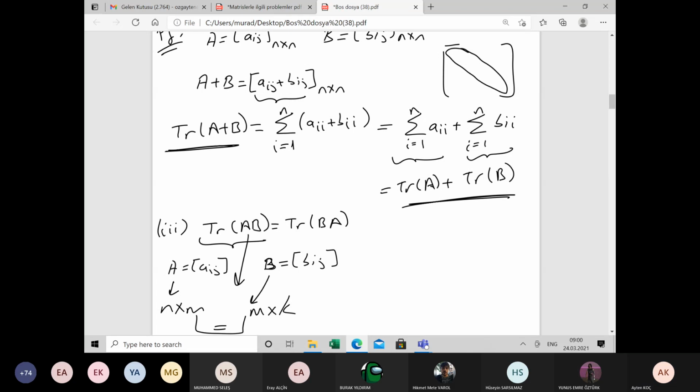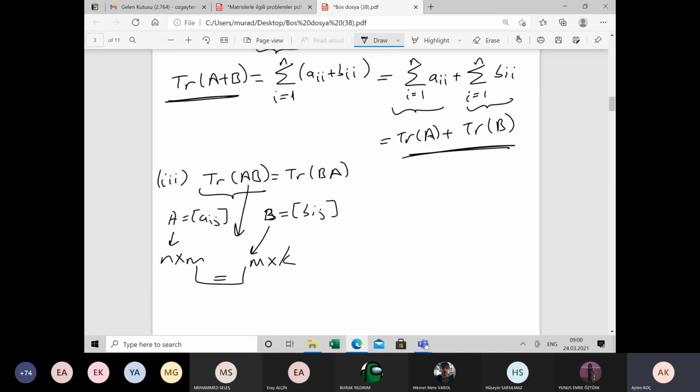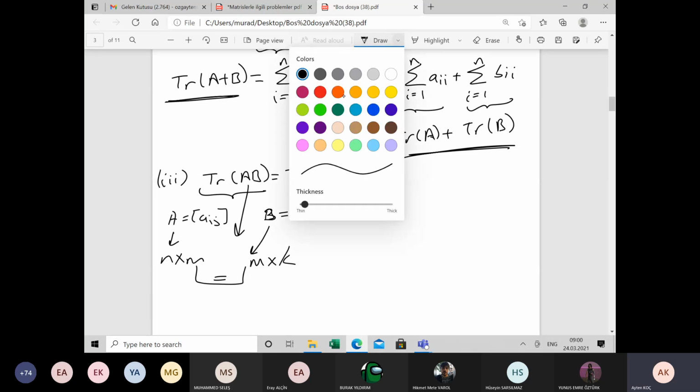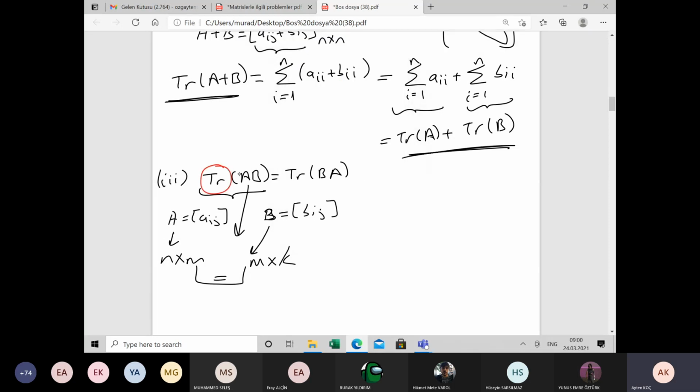We can mention the trace of these products. It means this matrix should be a square matrix. So A times B should be square.